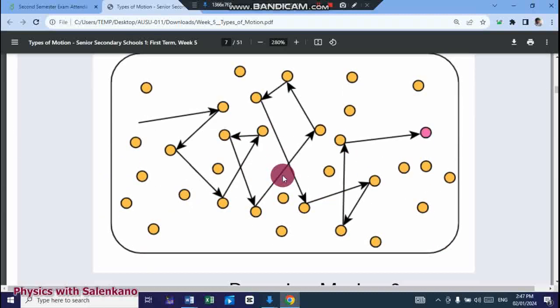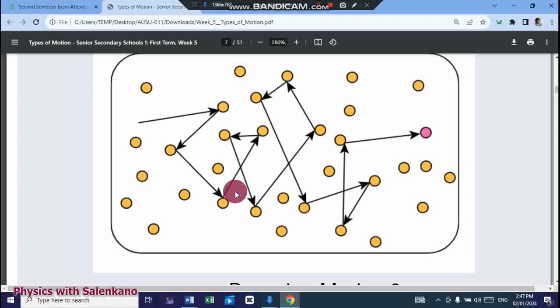And let's say this is a gas sample, and you have tiny particles. Each dot you see here, each of these balls, represents a particle in a gas. You can see that every particle you take moves in a different direction. This particle moves in this direction, this particle in this direction, this particle in this direction.